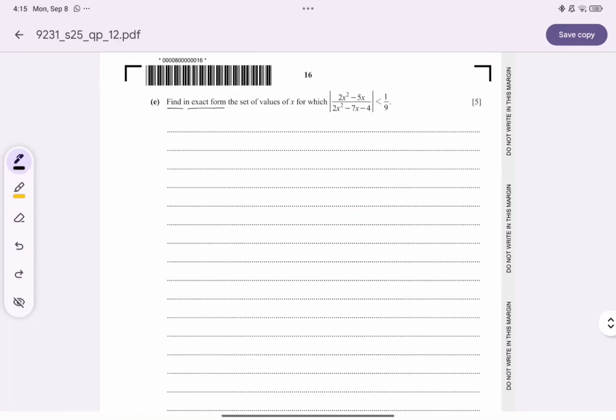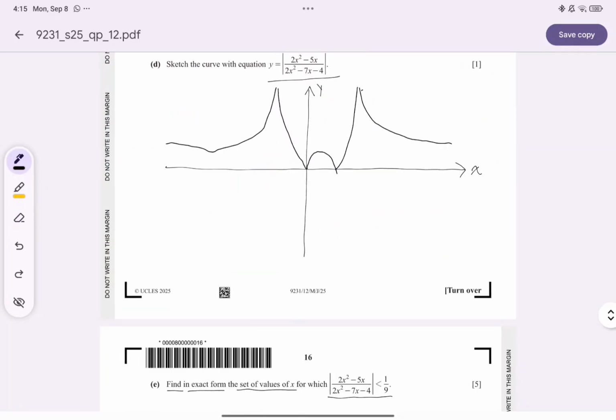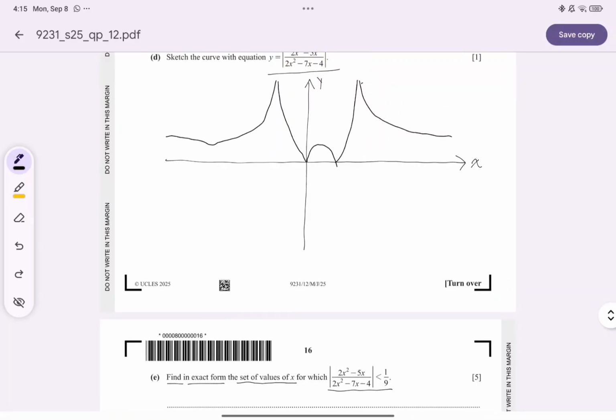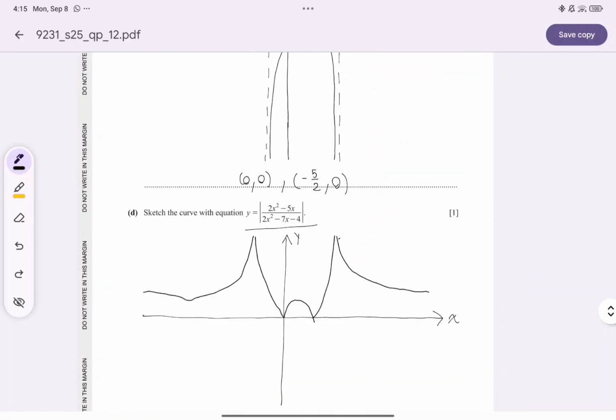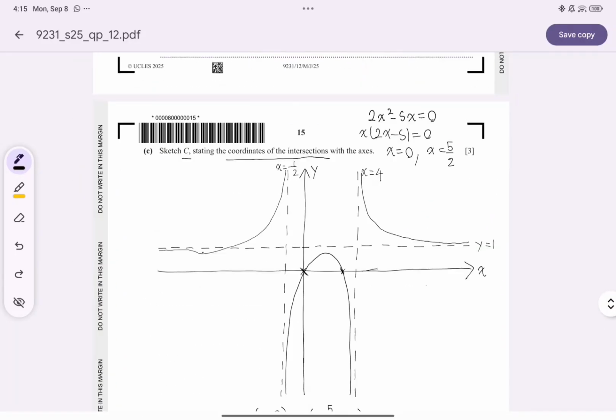So here we have to find, in exact form, the set of values of x for which this equation holds true. To solve this equation, we first look at the function that we sketched.